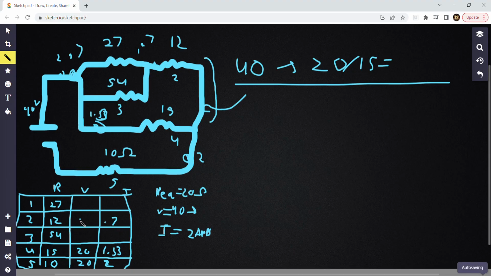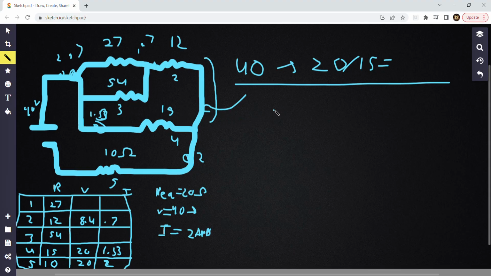0.7 times 12, because V equals I times R, is equal to 8.4 volts. And then lastly, since it's a whole system, we can picture it as the voltage getting distributed.